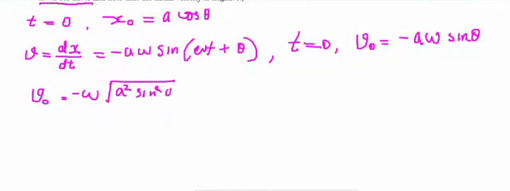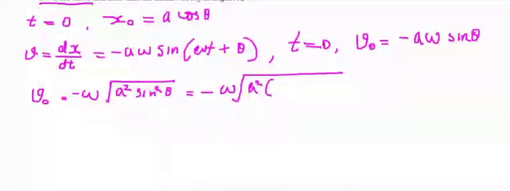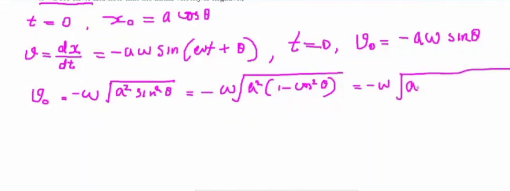So sine square theta is 1 minus cos square theta. Therefore, this is equal to minus omega into under root a square, open the bracket, a square minus a square cos square theta.